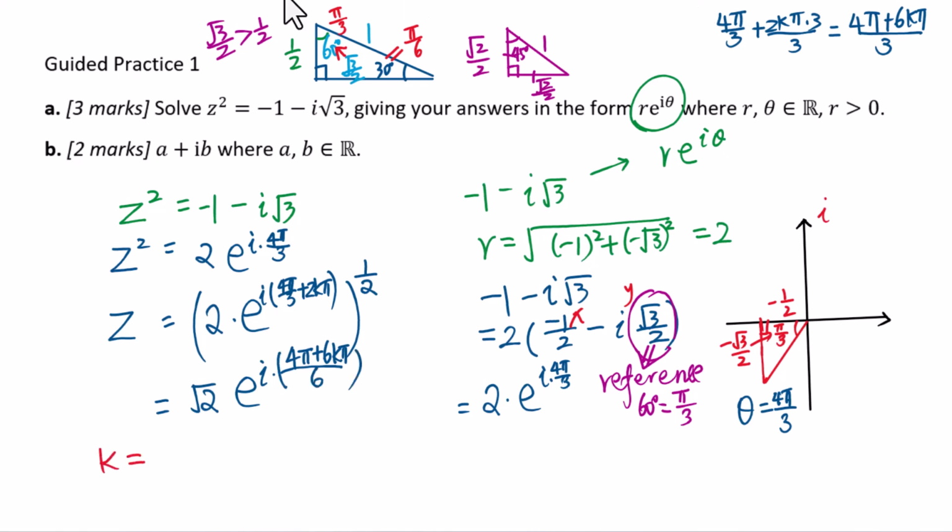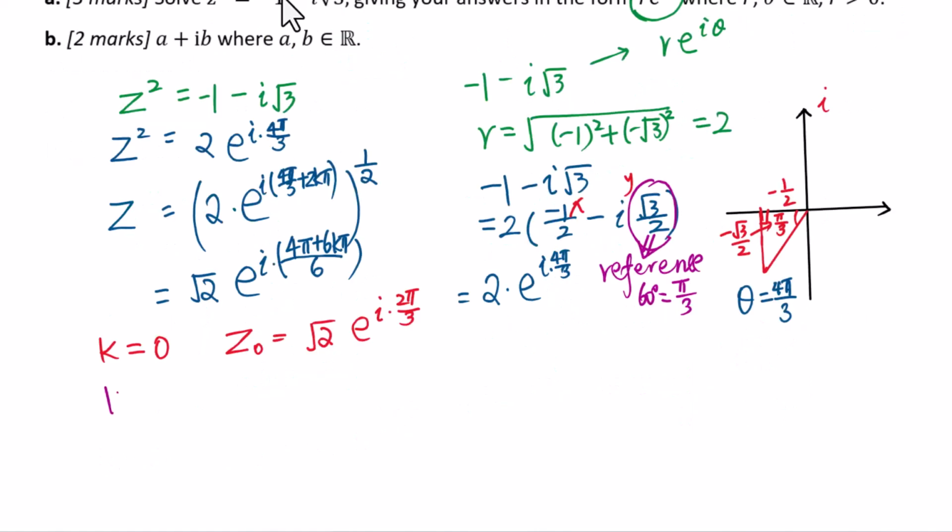Then k equals 0. z0 equals square root of 2 e to the power of i times 2 pi over 3. k equals 1. z1 equals square root of 2 e to the power of i times (4 pi plus 6 pi) over 6.